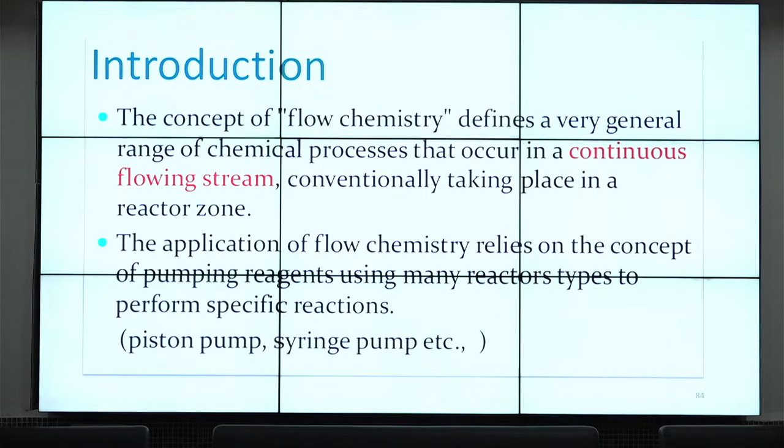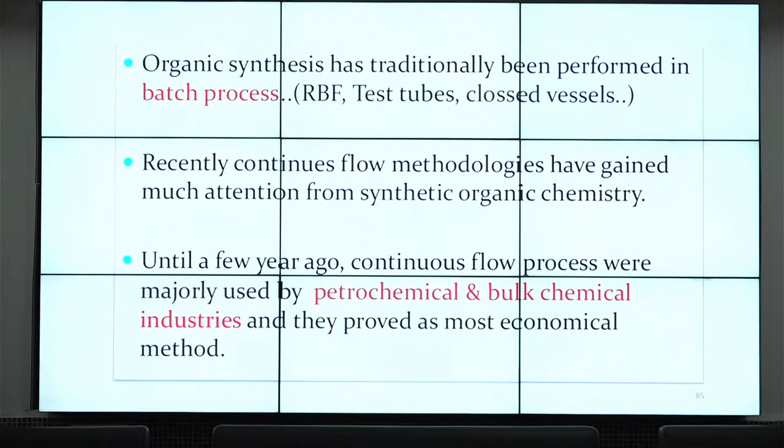Different channels start from the substrates, which mix in a particular zone, and the reactions take place. If there is some other product, byproduct or solvent, it comes out in another direction. Products come out in a different channel, and this flow continuously keeps moving. So accordingly, the batch process and the continuous flow method should be developed.